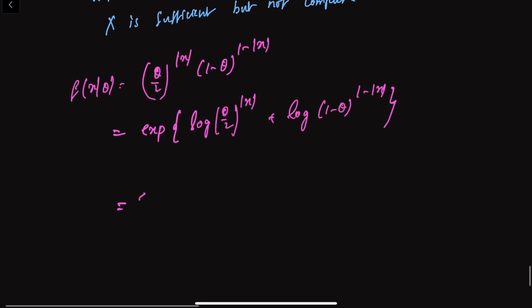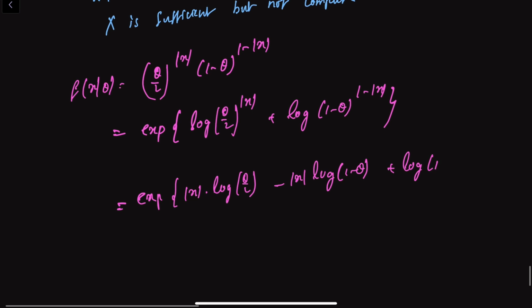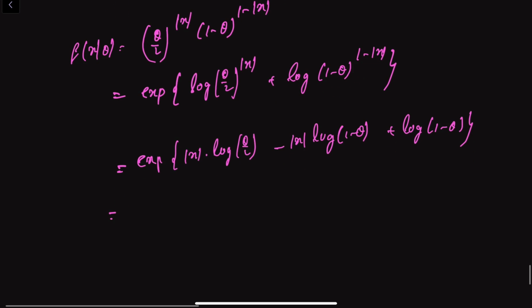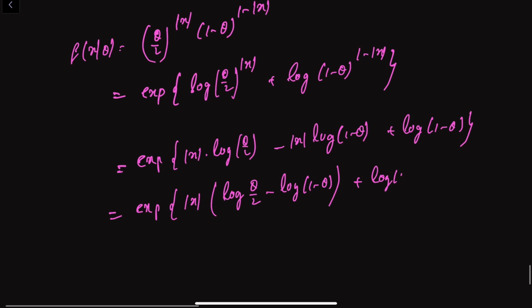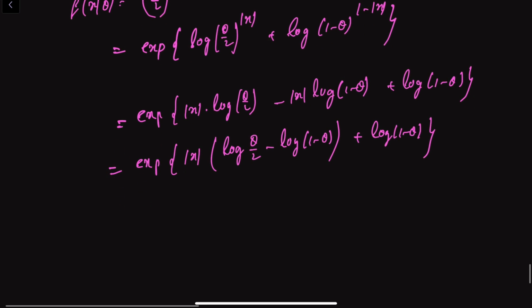That is nothing but exp of [|x| (log(theta/2) - log(1 - theta)) + log(1 - theta)]. So we can clearly see it is one of the one-parameter exponential family forms. So this is our f(x | theta).